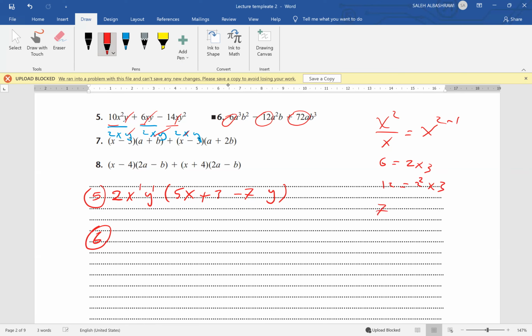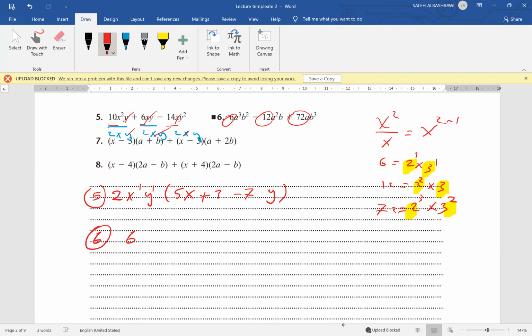And 72, it is 8 times 9, which is 2 to power 3 multiplied by 3 to power 2. So the common are 2 and 3. But take the minimum power. So the minimum is 2 to power 1 and 3 to power 1. 2 times 3 will be 6.